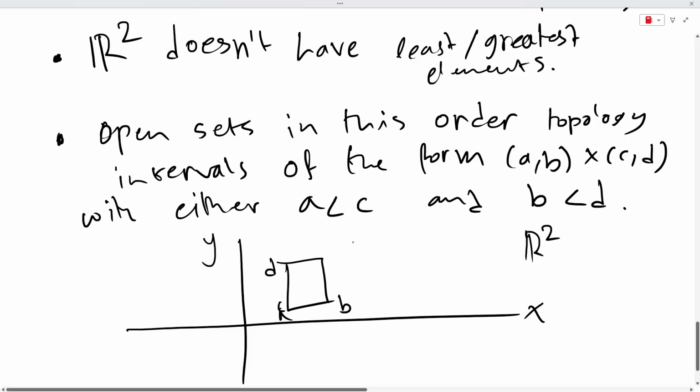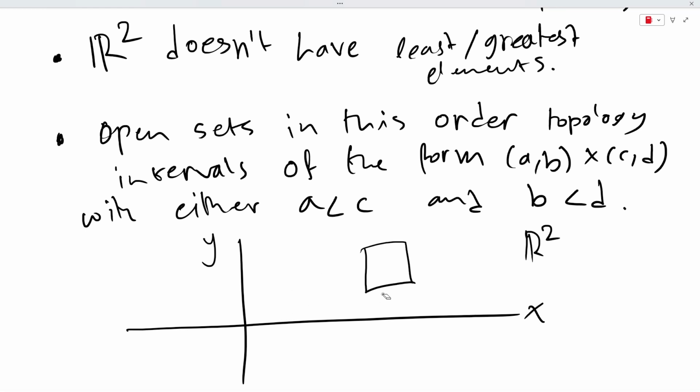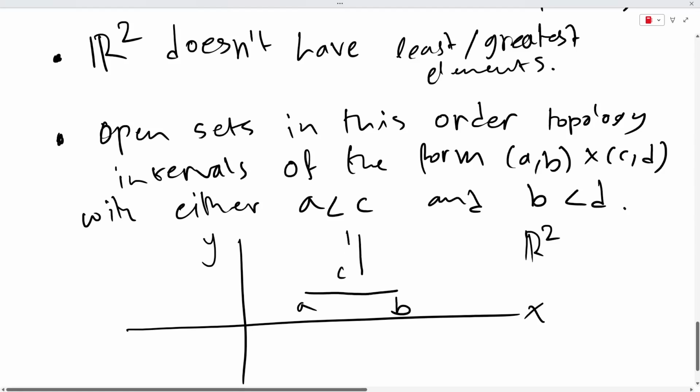Then if you consider another rectangle here, let me draw it a bit better, to make it easier to understand. So intervals of this form: we have an interval A to B, and then we Cartesian product it with another interval C, D. So this doesn't necessarily have to be there, it can be here.